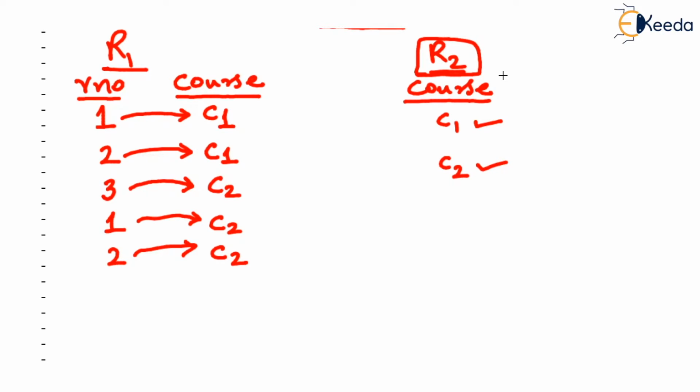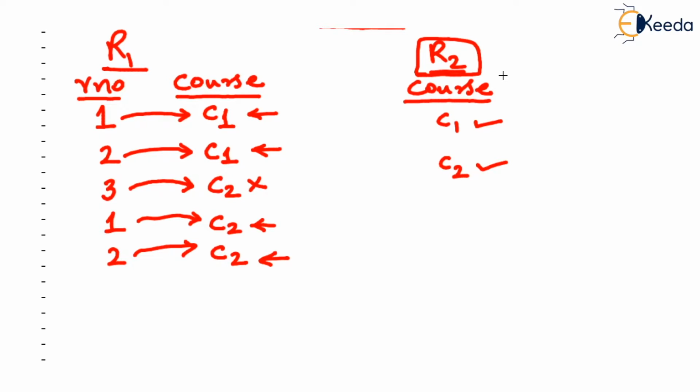Roll number 1 has enrolled for both courses C1 and C2, and roll number 2 has enrolled for both courses C1 and C2, but roll number 3 has not enrolled for all the courses. So the result of the division operation should contain only the roll number column, which will have values 1 and 2.